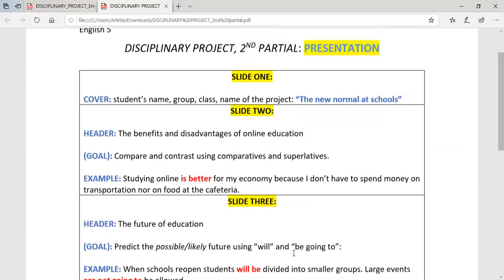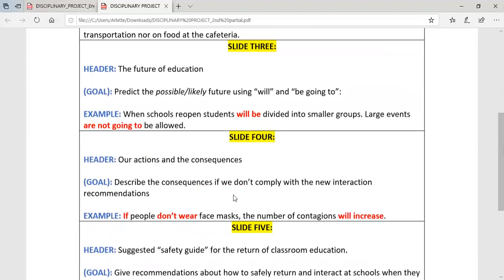Now, sorry, in the third, this is the third. In the fourth slide, the heading is Our Actions and the Consequences. Describe the consequences if you don't comply with the new interaction recommendations. If people don't wear face masks, the number of contagions will increase. So here you have to focus on the consequences of our actions in the future, okay?